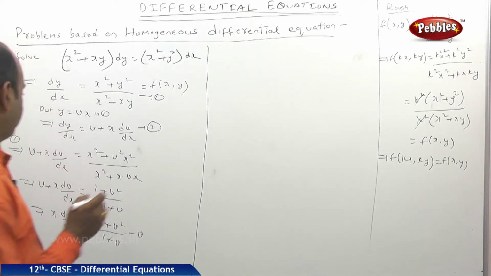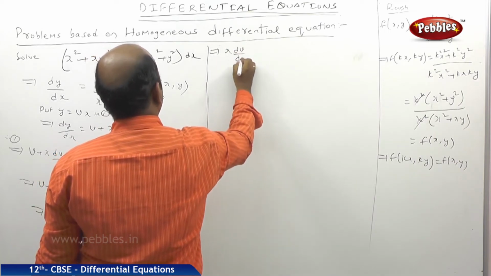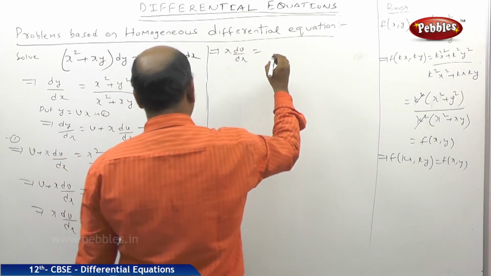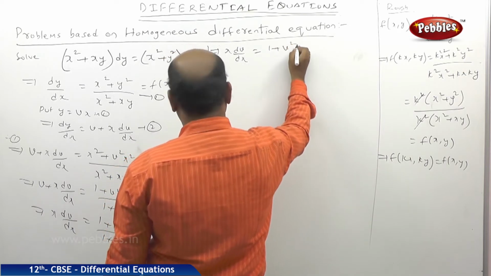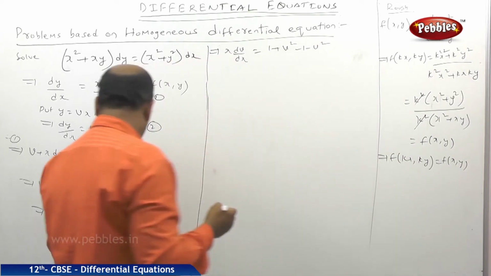minus v. So here I am doing, x into dv by dx is equal to 1 plus v square minus 1 minus v square, right?